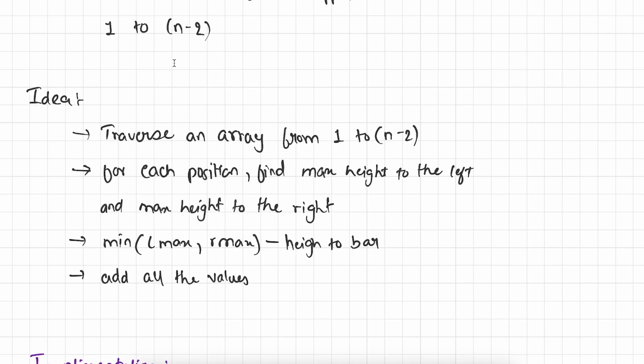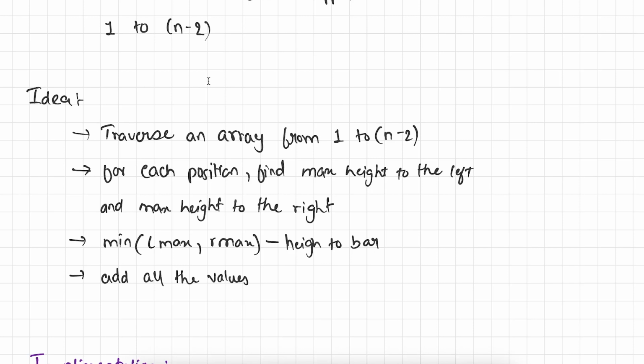So here is the idea. The idea is pretty simple. We have to traverse an array from 1 to n-2 elements. Okay? And for each position we have to find the maximum height of the bar to the left and the maximum height of the bar to the right. And then we have to find the minimum of both the heights.